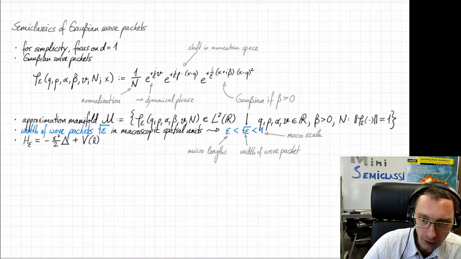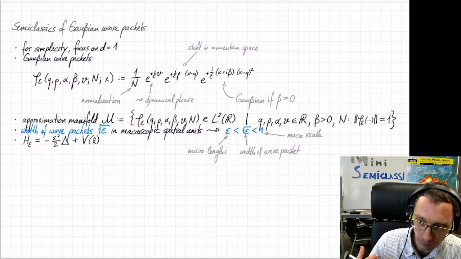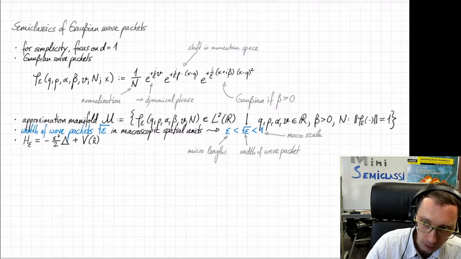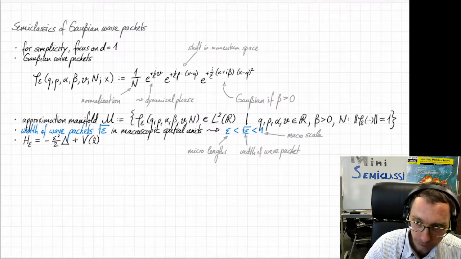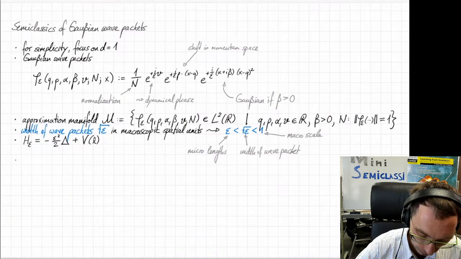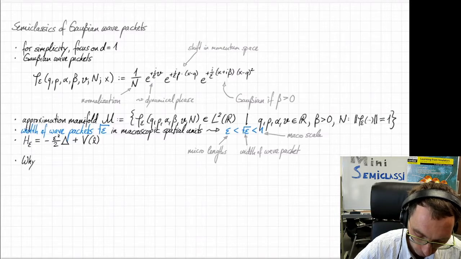So before I give you the proof, let me make a comment that will immediately explain what we are doing in the proof. And that is connected to the question, why do Gaussians have a nice semiclassical limit?